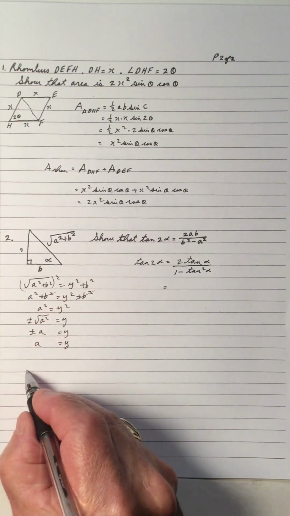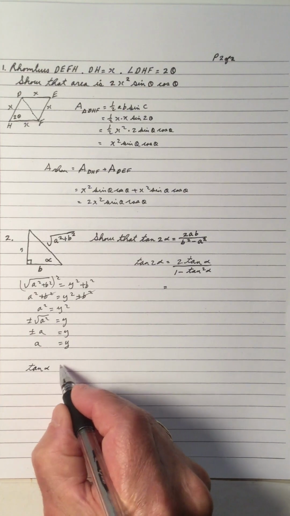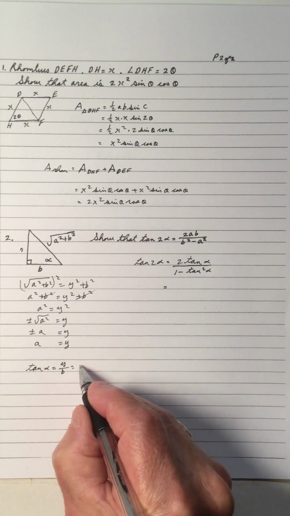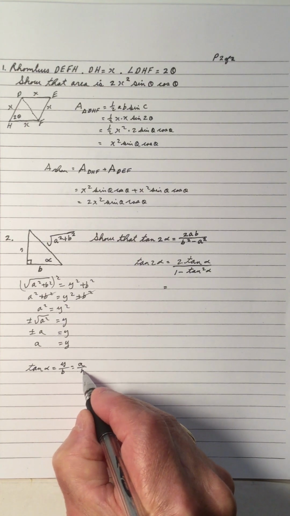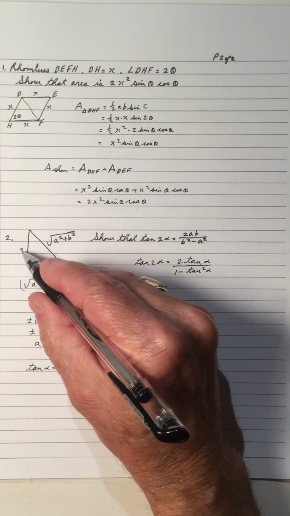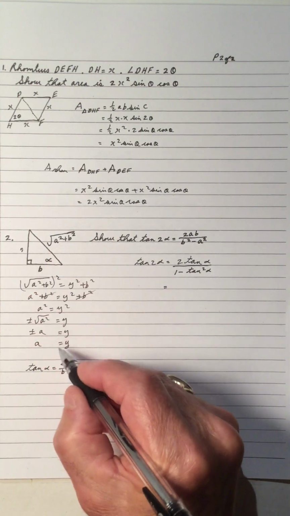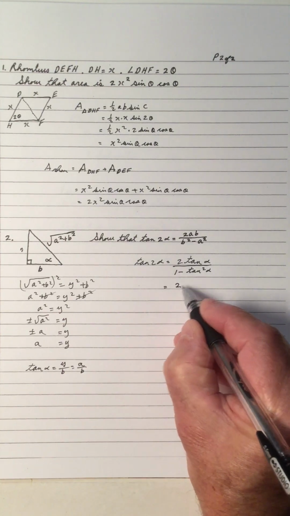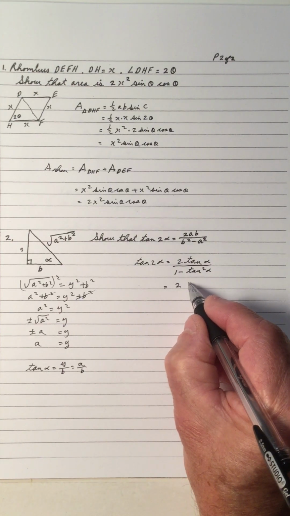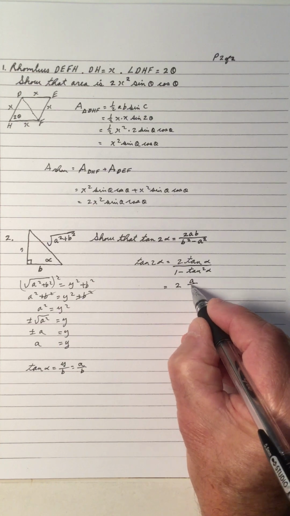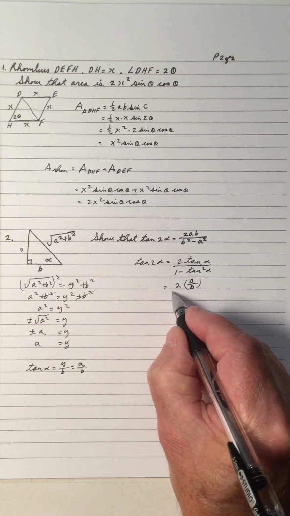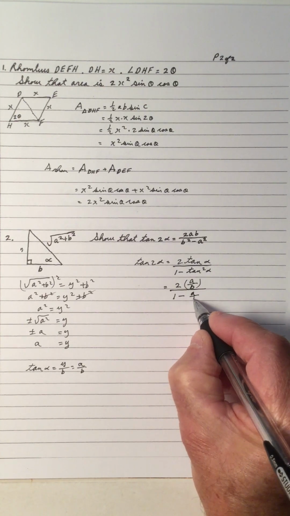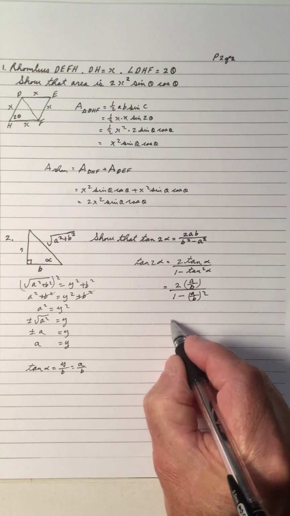In terms of alpha, tan is opposite over adjacent, which is y over b, but y is equal to a. So the tan of alpha is a over b. So let's sub that in. The tan of alpha is a over b, and tan squared is a over b squared.